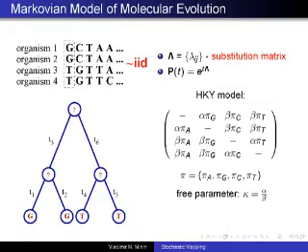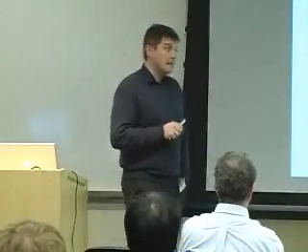So throughout the talk, I will assume this standard model that we've seen before. It will be finite site model. So Yoon talked about infinite site model, and several other people mentioned that before too. So we will assume a possibility of more than one mutation on each branch. And the model is a standard continuous time Markov chain model parameterized by some rate matrix.